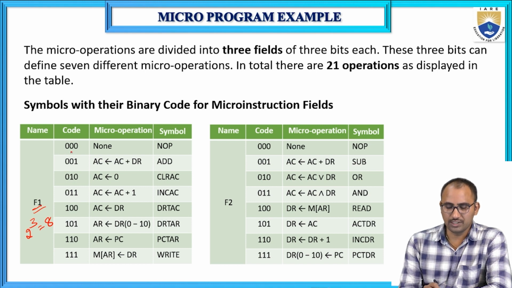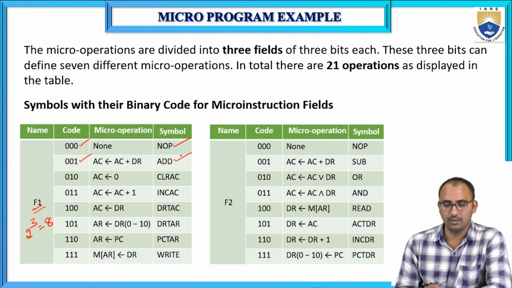So what is the first case? 000 performs NOP. 001 performs the AND operation. What is the AND operation? It performs the AND operation on the data of the accumulator.